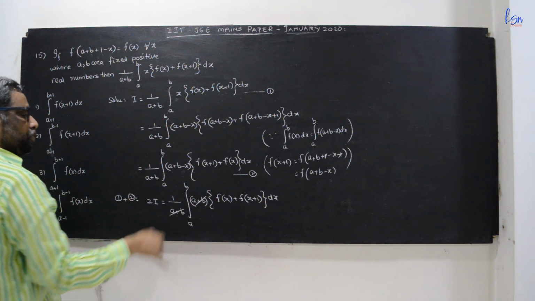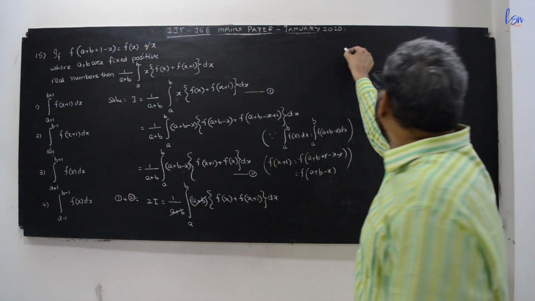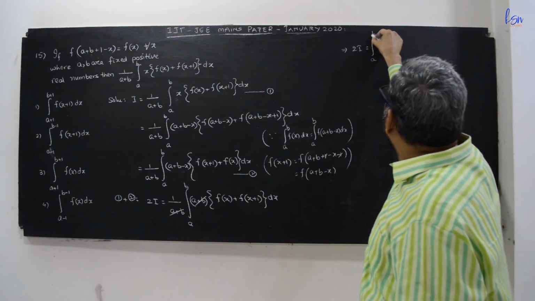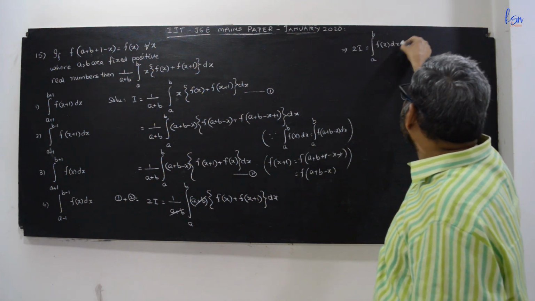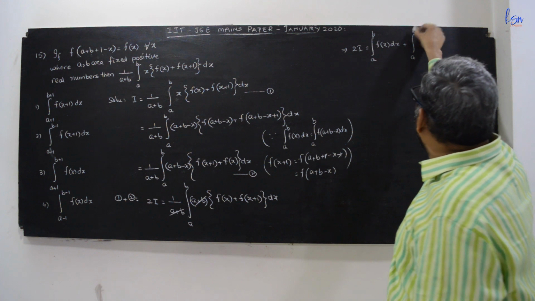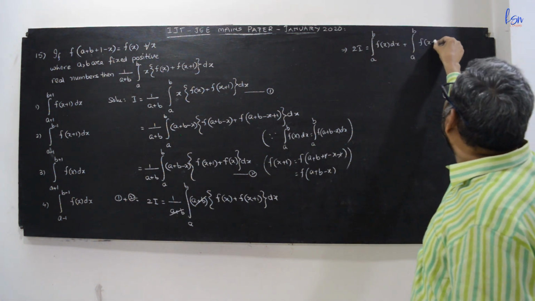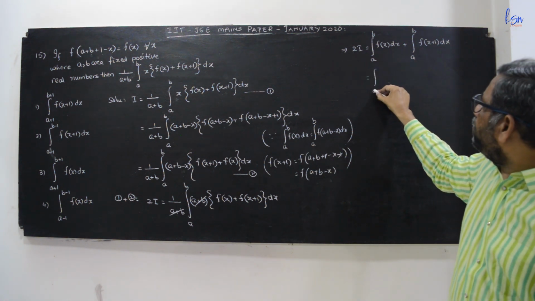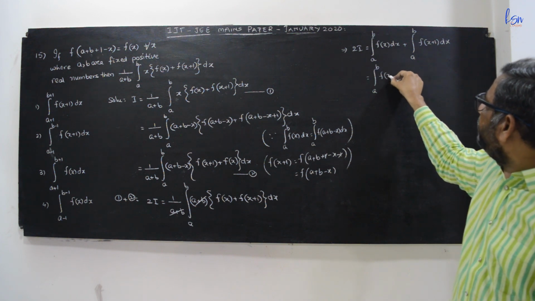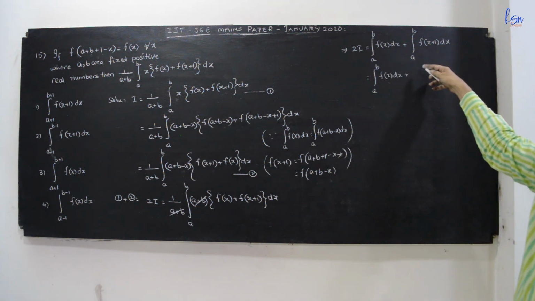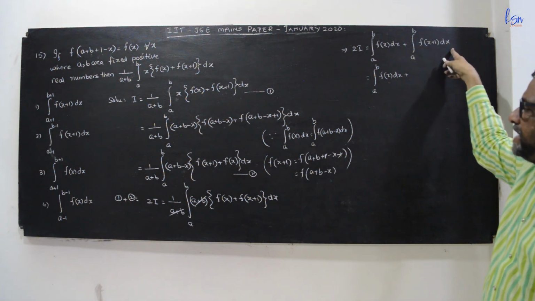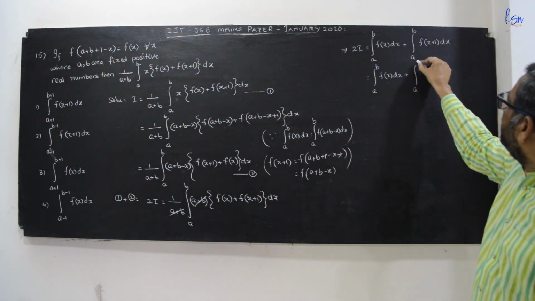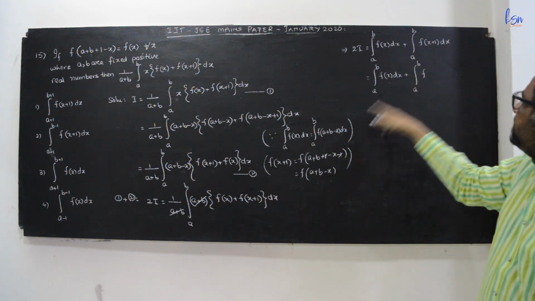You can cancel these two, so now we have 2I equal to integral a to b f of x dx plus integral a to b f of (x plus 1) dx. Now in the same way, here you can apply the formula that integral a to b f of x dx equals integral a to b f of (a plus b minus x) dx once again. So it is a to b f of (a plus b minus x).